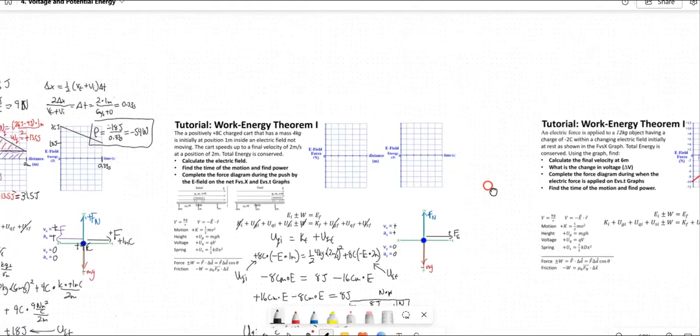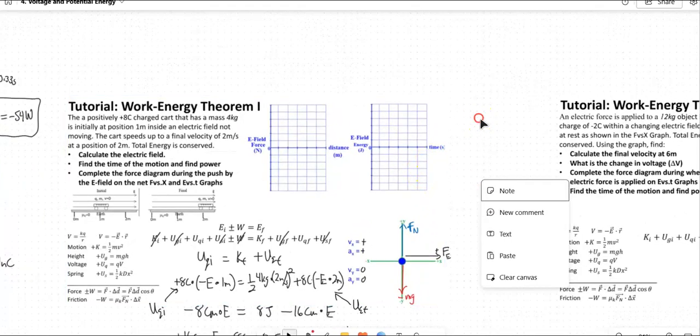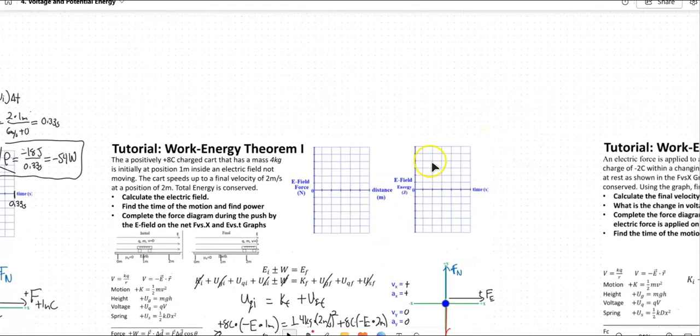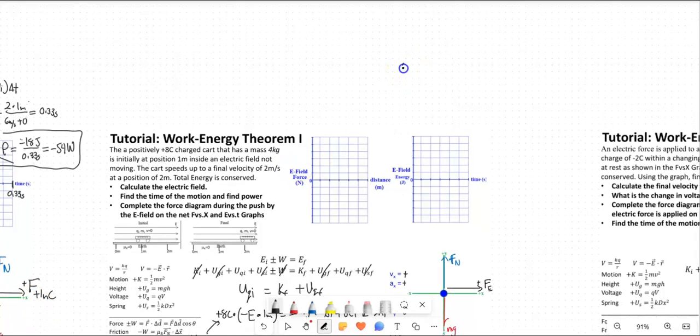Now, let's go ahead and figure out the power here. And then we'll roll back to figuring out the electric force, which is very easy to do. So we know U sub Qi, and I'll do this over here. U sub Qi was -8 joules.